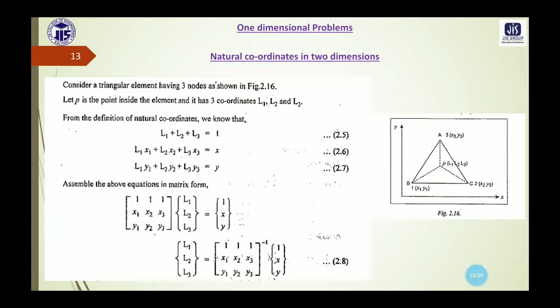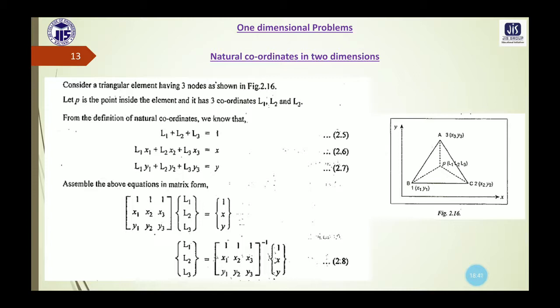Next, if we assemble the above equations, 2.5, 2.6 and 2.7, in matrix form, it can be written as the matrix with rows 1, 1, 1, then x1, x2, x3 and y1, y2, y3, multiplied by L1, L2, L3, equals 1, x and y.